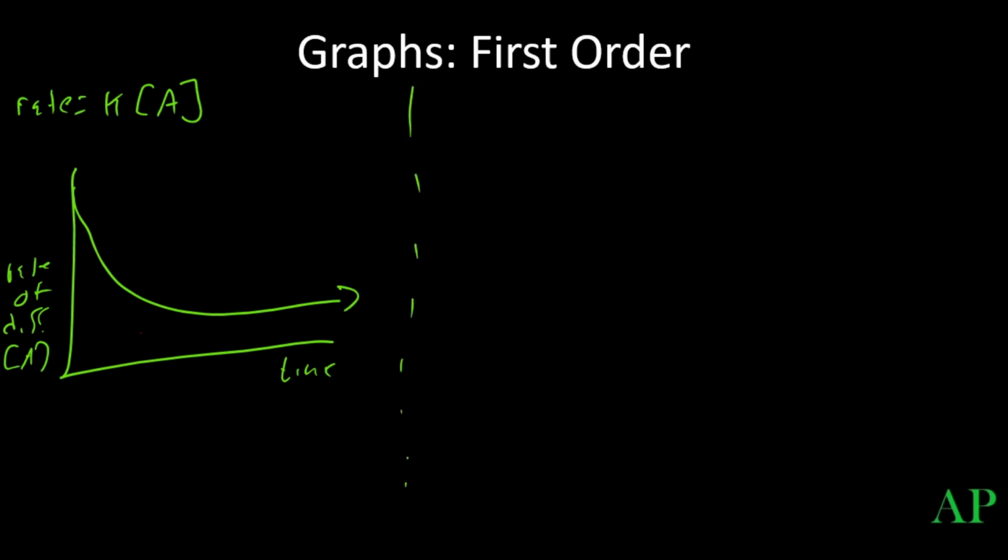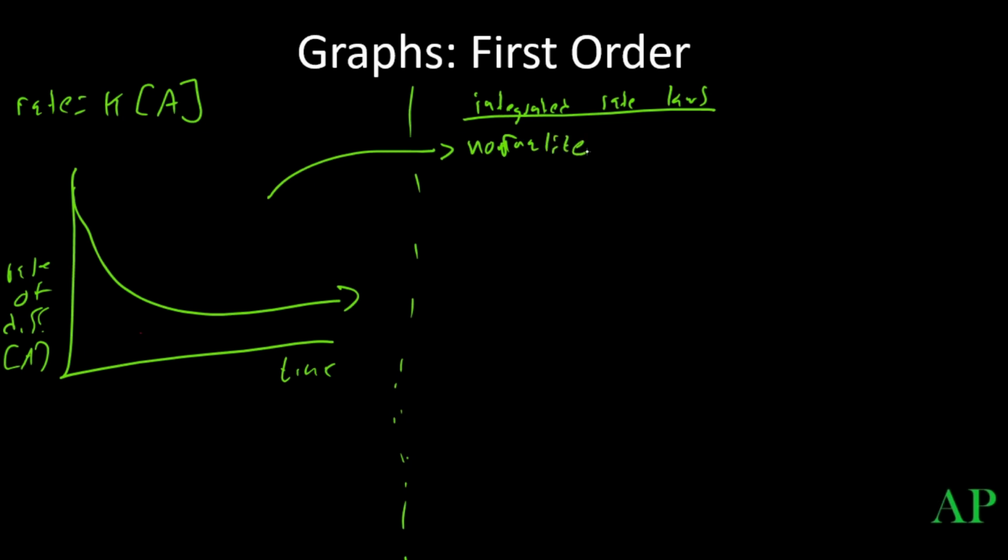More important than that, we have something referred to as the integrated rate laws. What is an integrated rate law? An integrated rate law is taking this and finding a way to normalize the function.